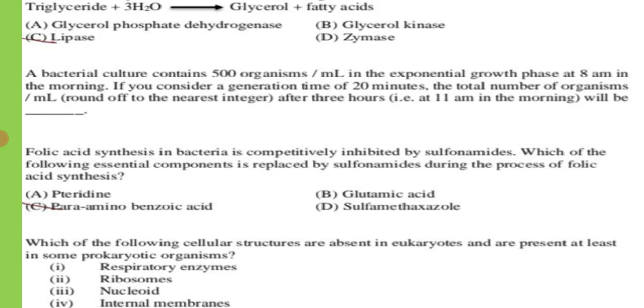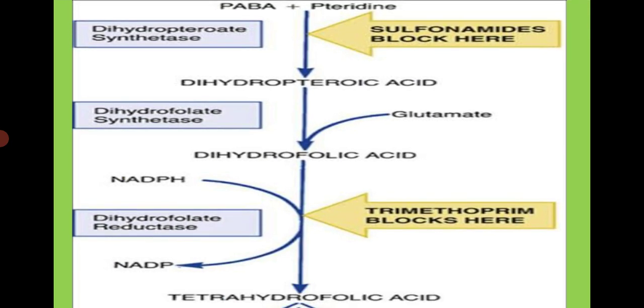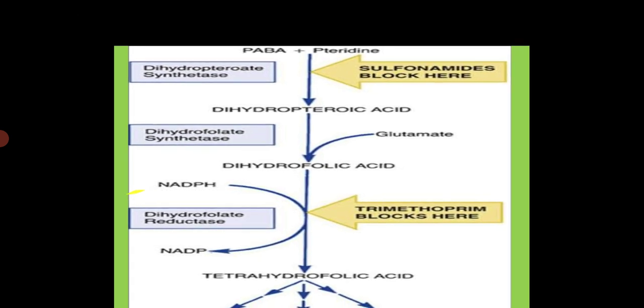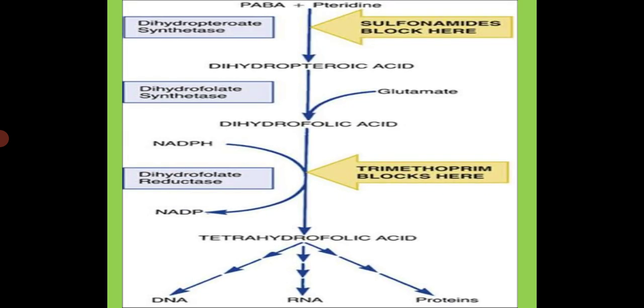PABA is a precursor for the formation of folic acid, and folic acid is an important component for the synthesis of DNA, RNA and protein.